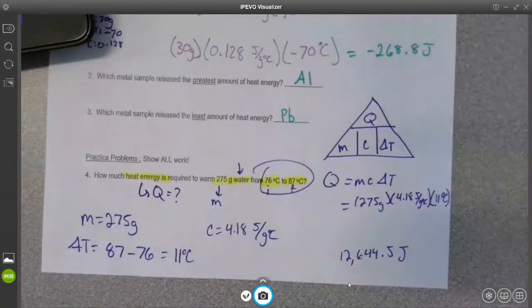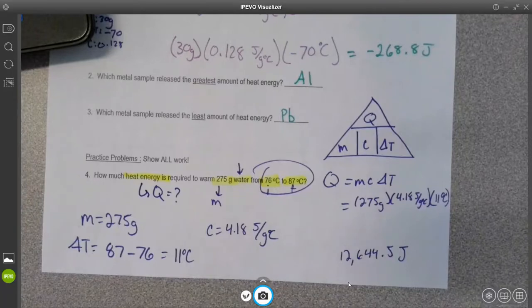Let's work out number 5, and then we're going to release you to complete the others. Before I fully release you, I will give you the formula, at least, for each problem, so that you can see how we're rearranging it each time.